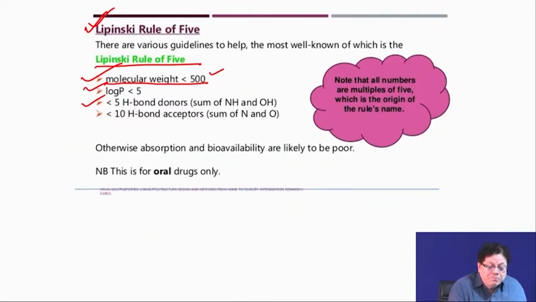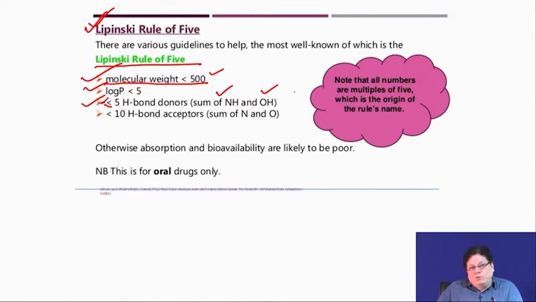And then it should have a maximum, less than or equal to 5 hydrogen bond donors. That means the sum of hydrogen bond donors, which are usually OH and NH, in the molecule should not cross 5.